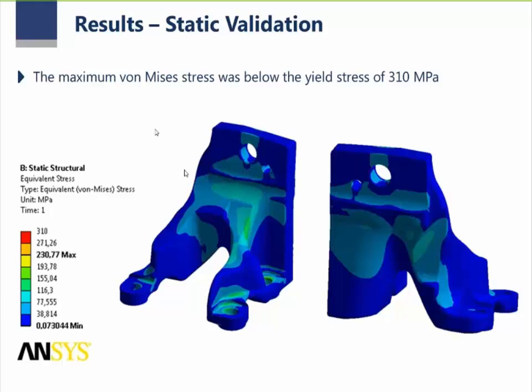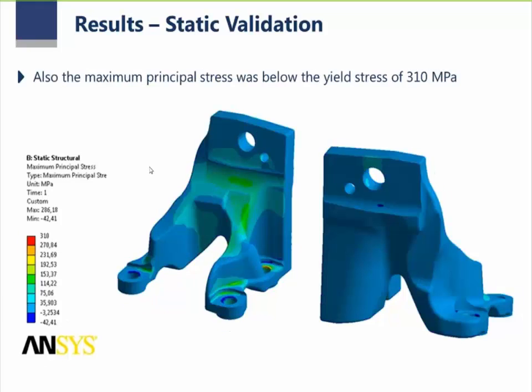Here I just show the up force, but you have the up and down force, trying to see if there is some variation. And with this up and down, sometimes you get different values for the maximum principal stress, which is also below 310.